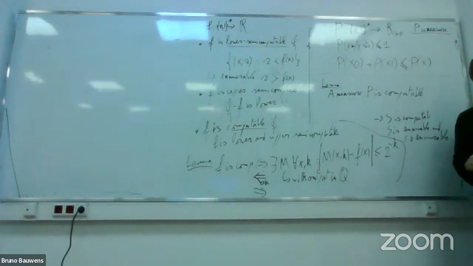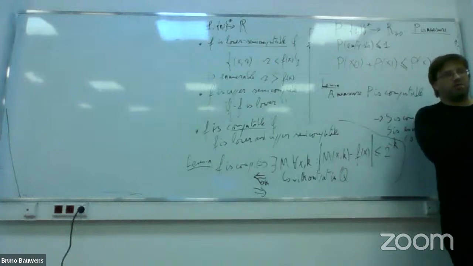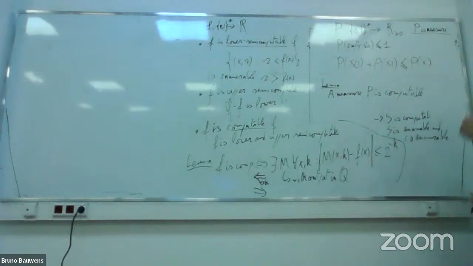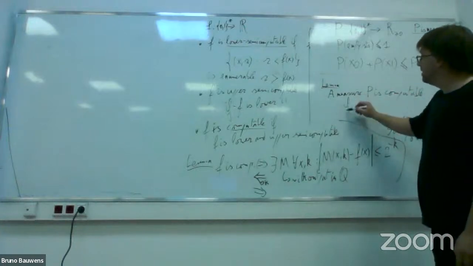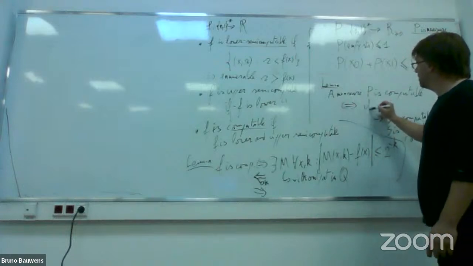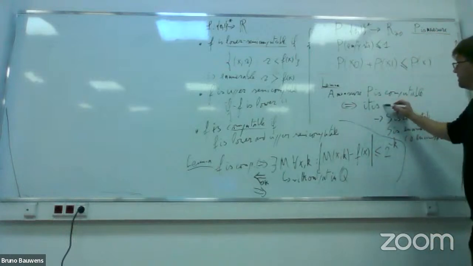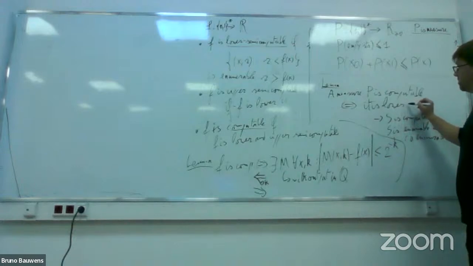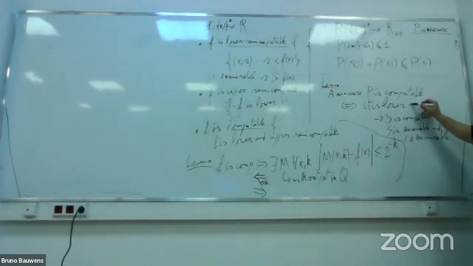Now, I need to say something about the universal machine and the halting problem. Okay, but first, a measure P is computable if and only if it is lower semi-computable, and the same for upper semi-computable.